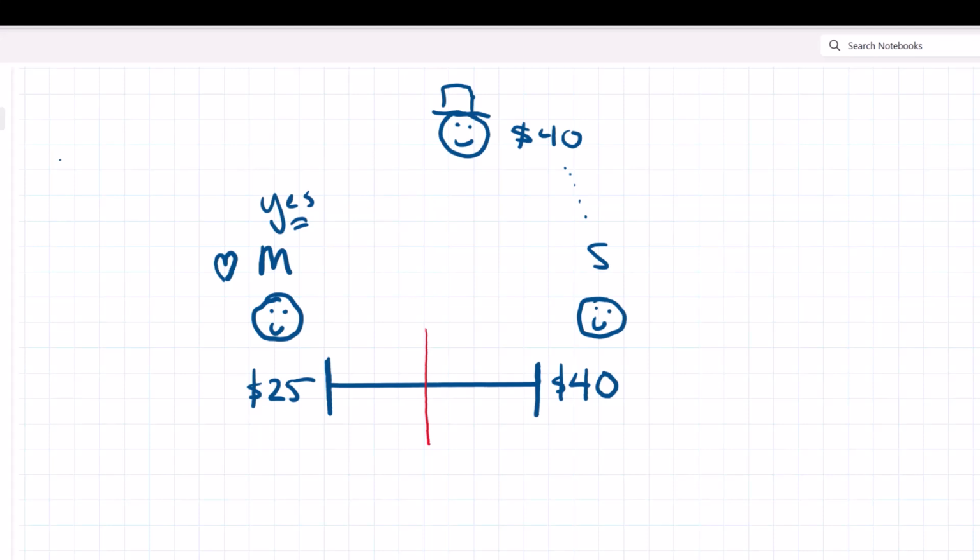And if we say the difference there was $15, 15 divided by 2 equals 7.50. So if we add 7.50 to that 25, we have $32.50 as a potential transfer price.